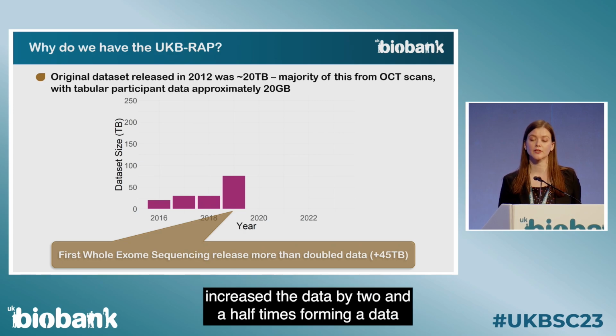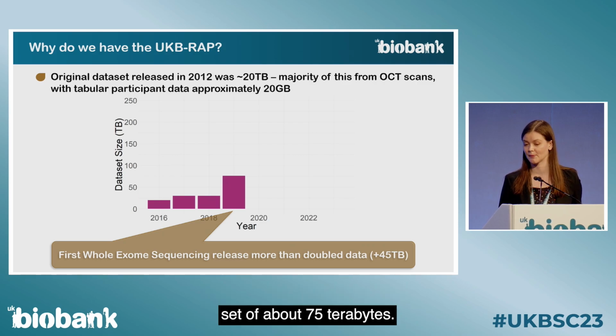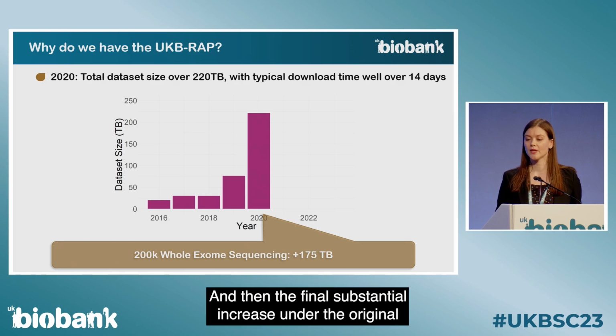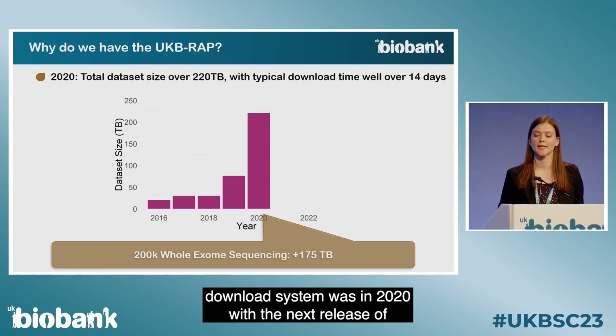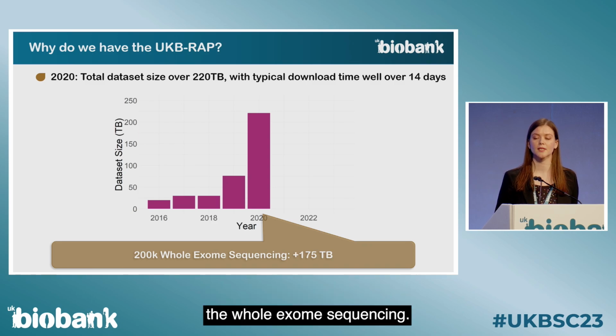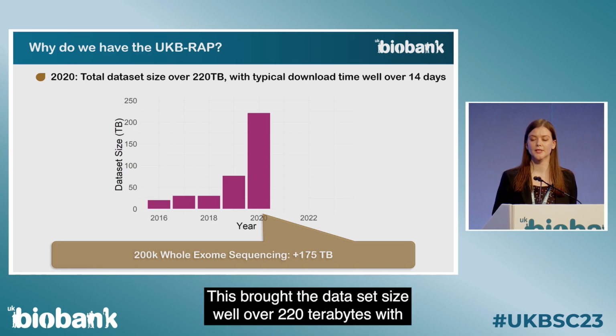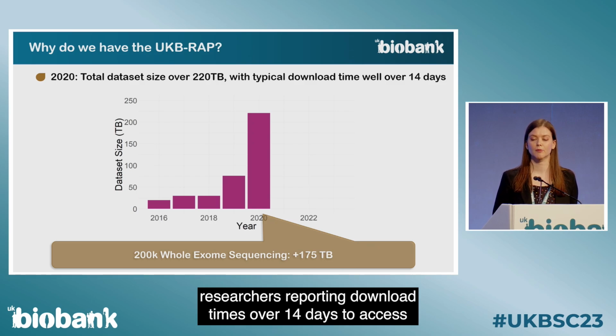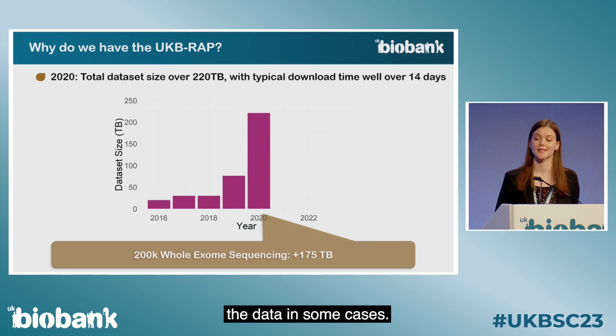And this increased the data by 2.5 times, forming a data set of about 75 terabytes. And then the final substantial increase under the original download system was in 2020 with the next release of the whole exome sequencing. This brought the data set size well over 220 terabytes, with researchers reporting download times over 14 days to access the data in some cases.